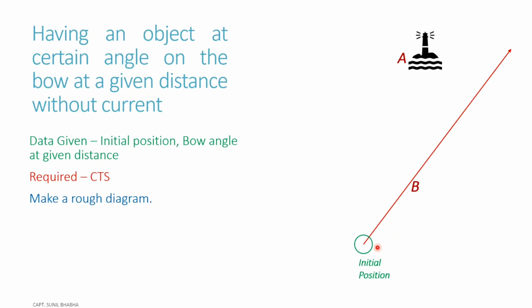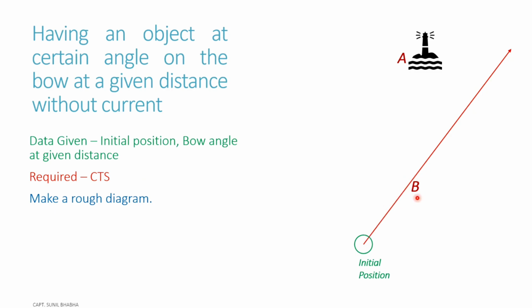Now, let's assume that we are moving on this particular track. Right now this is a hypothetical track. We don't know what our course steered is, so we have just drawn a rough line in whichever direction we like. It's a hypothetical course to steer, but later on we will be able to find out. So let's assume the ship is moving on this course and reaches this point B, Bravo.